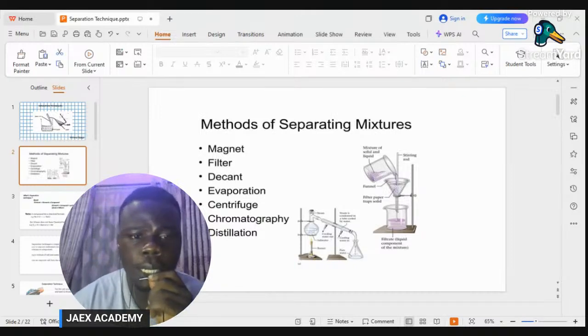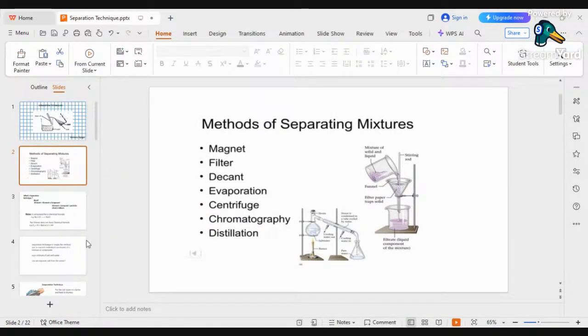Okay, I'm glad. So let's dive into the course. Like I said, we have different methods of separation techniques.